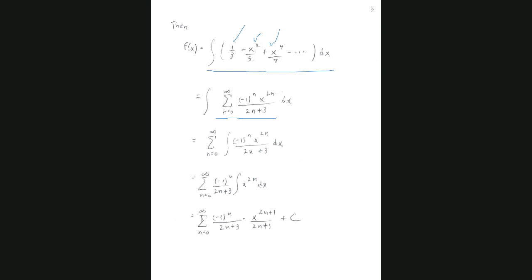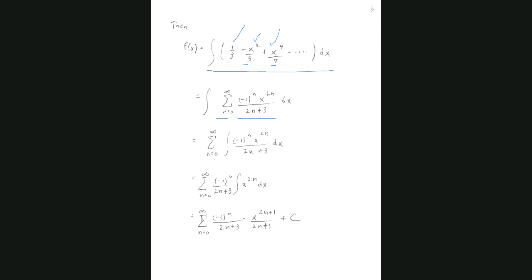Are there any questions so far? Coming up with the series formula, there's no trick to it. You just have to detect the pattern. I saw a 3, a 5, and a 7. Up here you have even powers, so x to the 2n made sense.